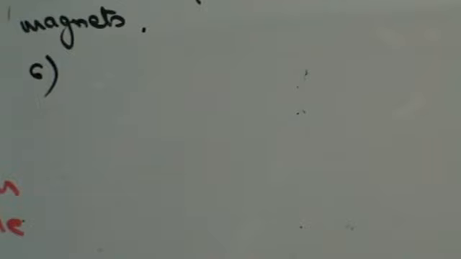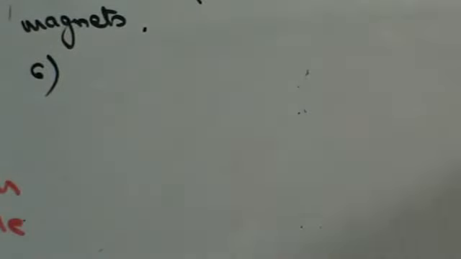In both these cases, the extent to which magnetization would take place is inversely proportional to the excess temperature over Curie temperature. Now, what is Curie temperature? Curie temperature is that temperature at which the substance would lose all its magnetization when it is heated, right?